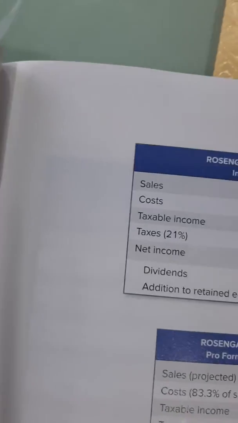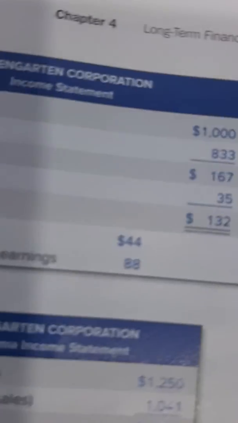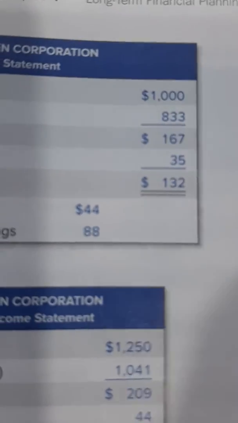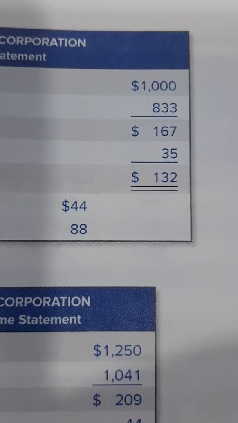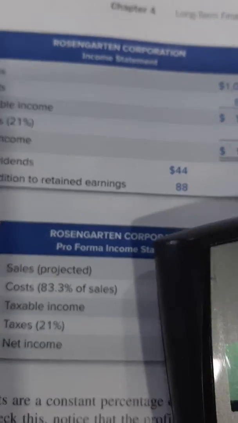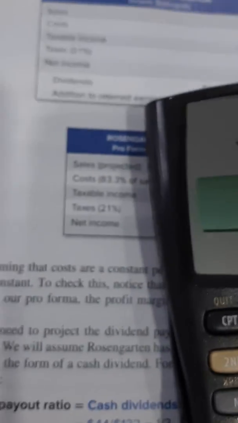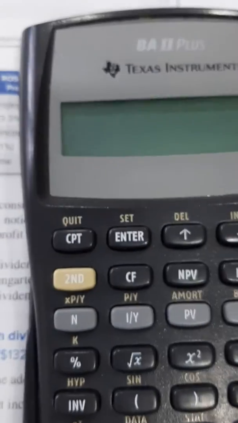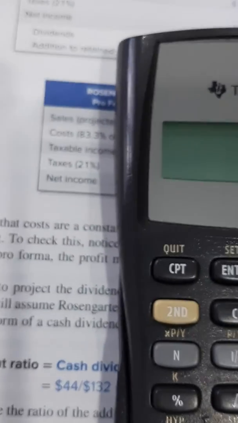Yeah, 99. From the income of 132, the company paid dividend of 44. So 132 minus 44 is 88.